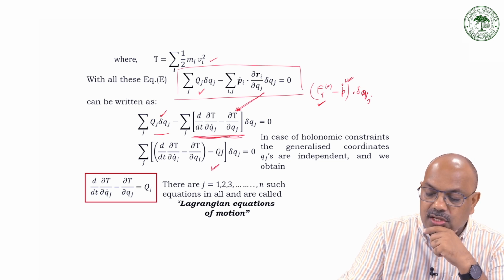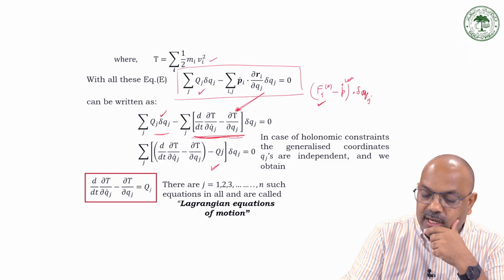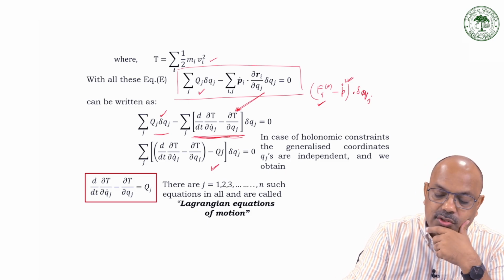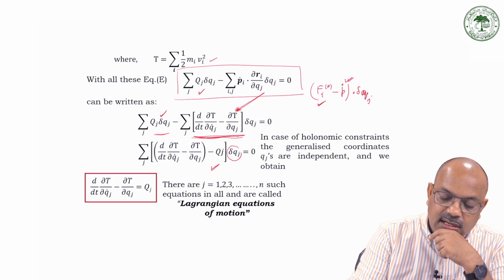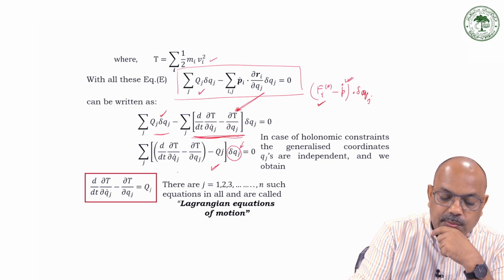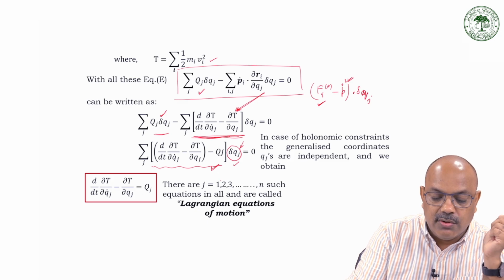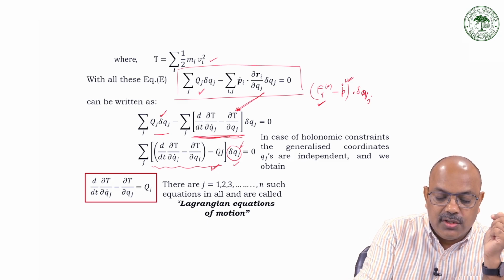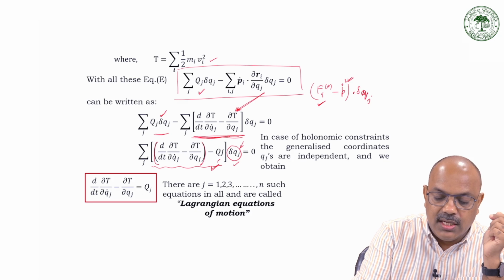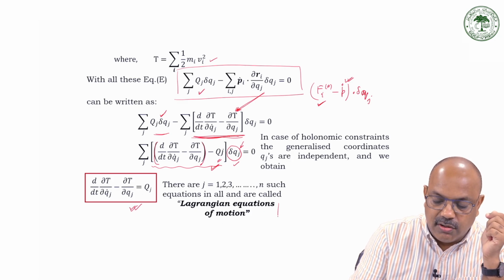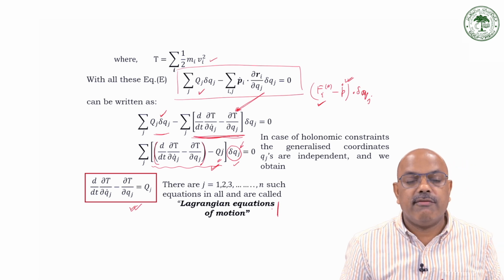Okay. So in the case of holonomic constraint, the generalized coordinates qj are independent, and we obtained this. So now we see that these are independent coordinates, so we can put this coefficient equal to 0. So when I put this equal to 0, this whole thing in brackets is going to be equal to my qj. This is what is known as the Lagrange equation of motion.